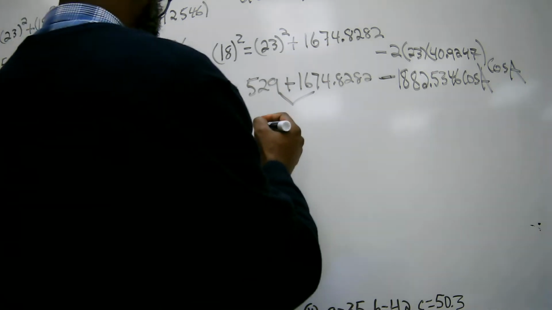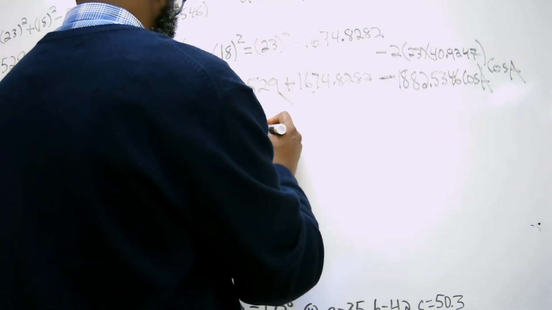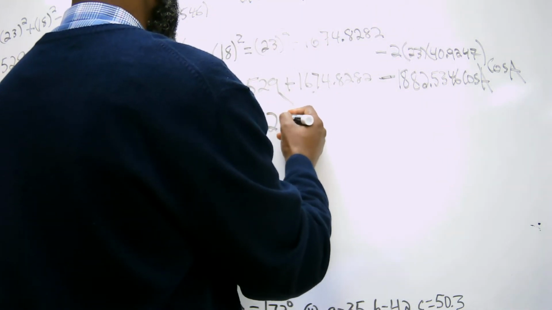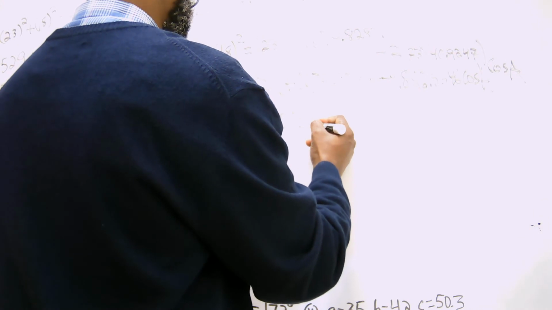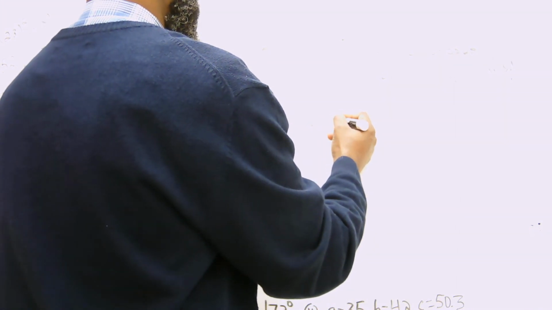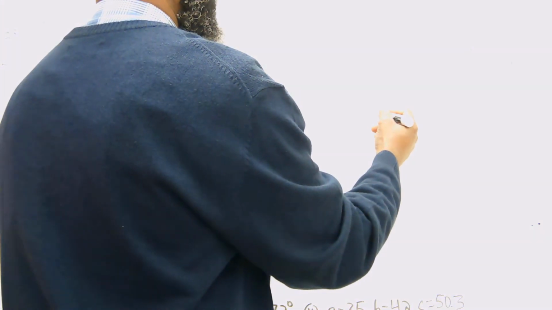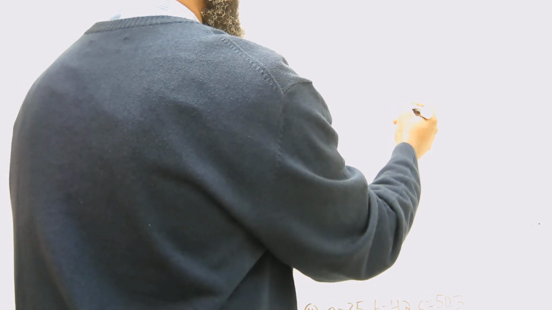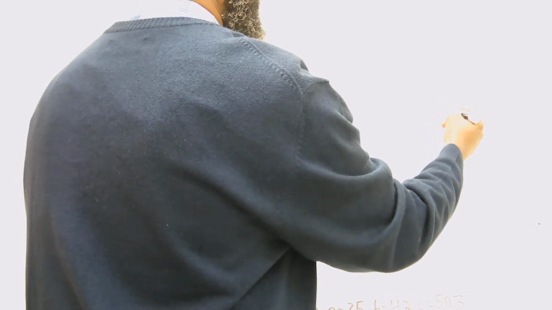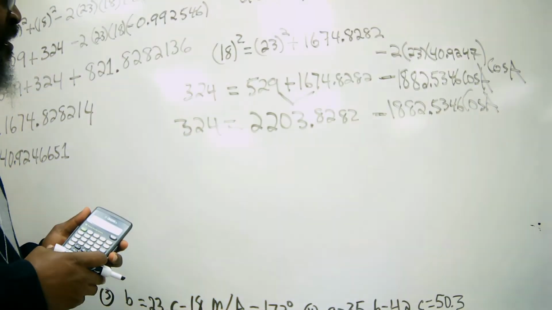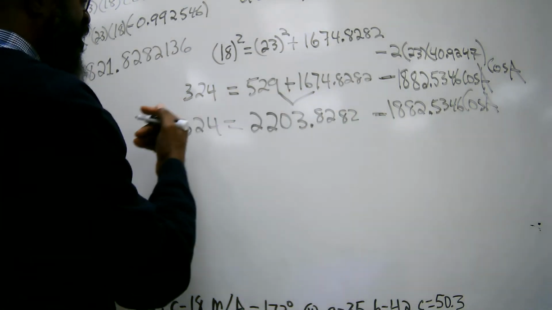That will give me 2203.82 minus 1882.5346 cos A. Remember, you must do order of operation. Then you'll have to subtract this on the other side.